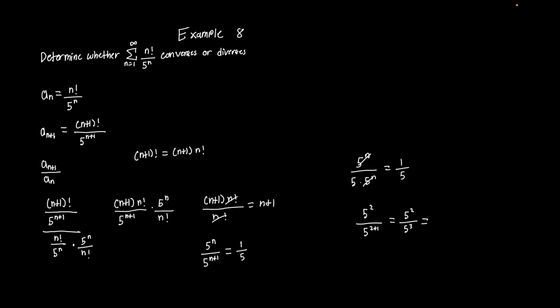If you remember, when you're dividing exponents, you subtract them. So what is 2 minus 3? It's negative 1. So this is also equal to 5 to the negative 1, or also 1/5. So those are 2 ways that you can see that 5 to the n over 5 to the n plus 1 is 1/5. Conversely, if it was 5 to the n plus 1 over 5 to the n, that would just give you 5. And you can also prove it by doing the same things. So hopefully that cleared some confusion.